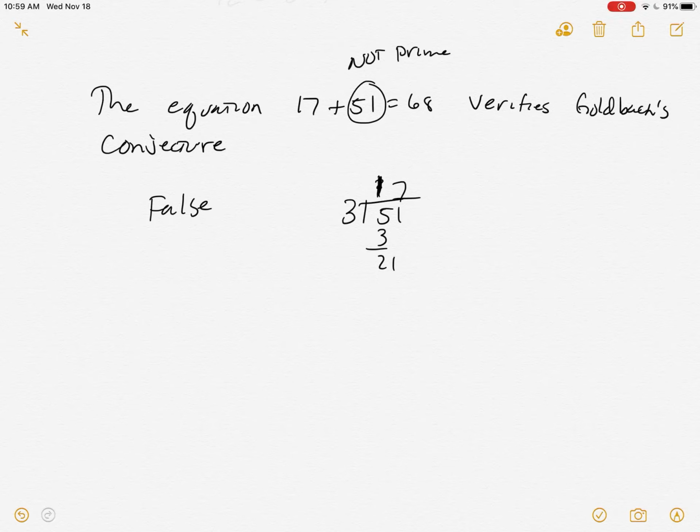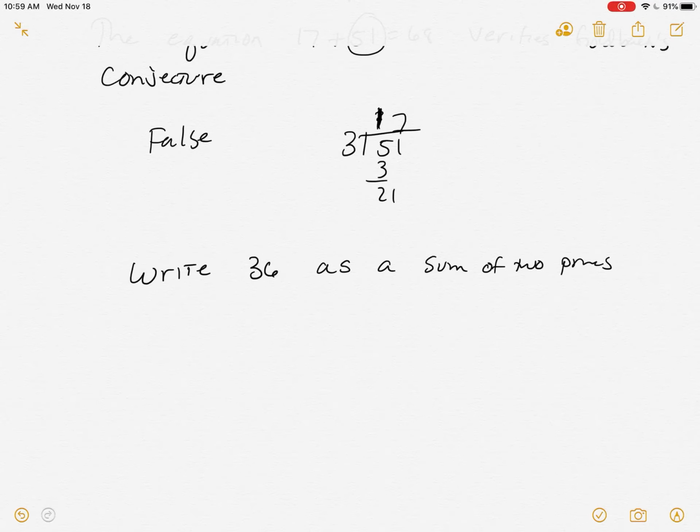So another Goldbach question is something like this. They're going to pick an even number, relatively small: write 36 as a sum of two primes. And they're not leaving you hanging. They're giving you some way to be led in that. So let me show you your answer choices.